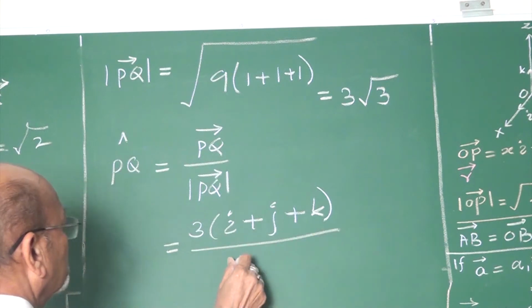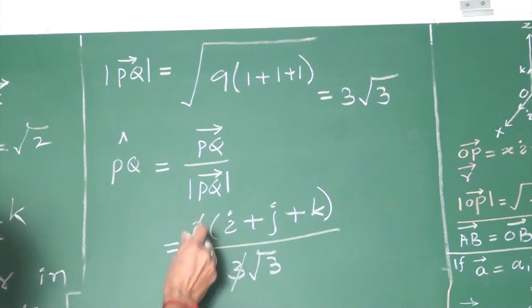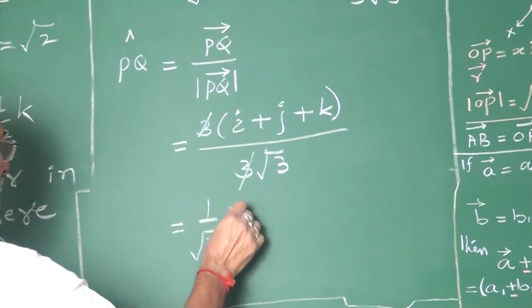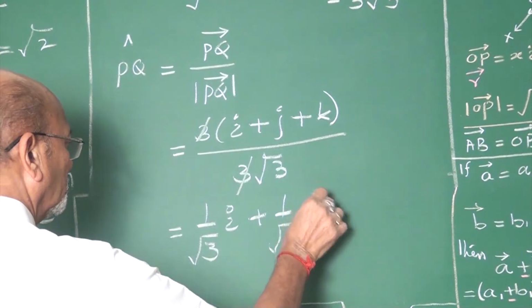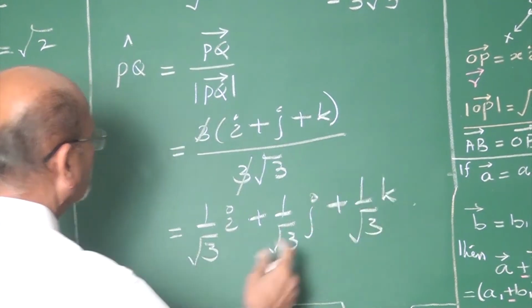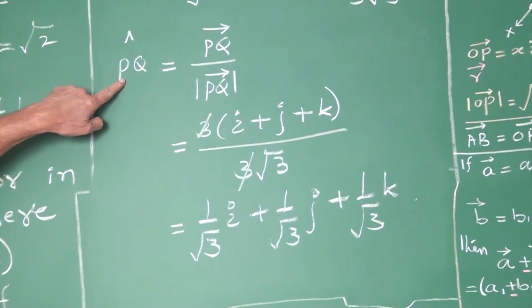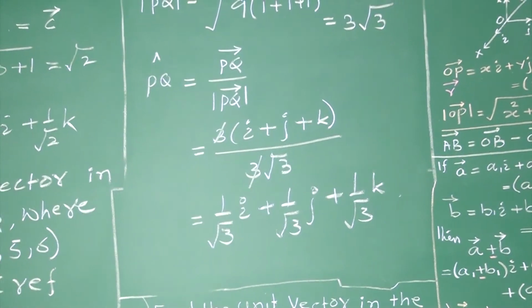Denominator is 3 root 3, my friends. 3 cancels. What is it? It is 1 upon root 3 into i plus 1 upon root 3 into j plus 1 upon root 3 into k. This is the unit vector in the direction of vector PQ.